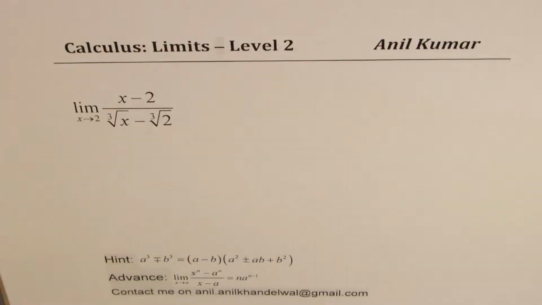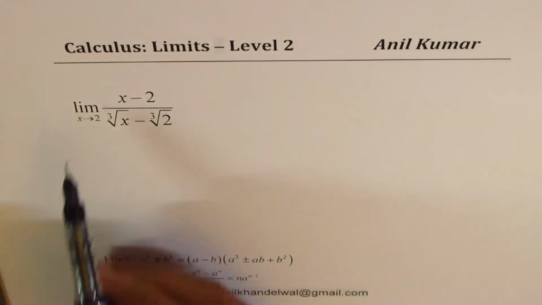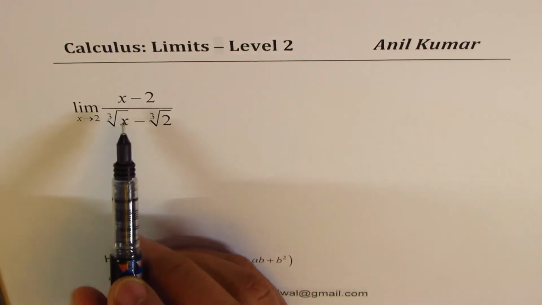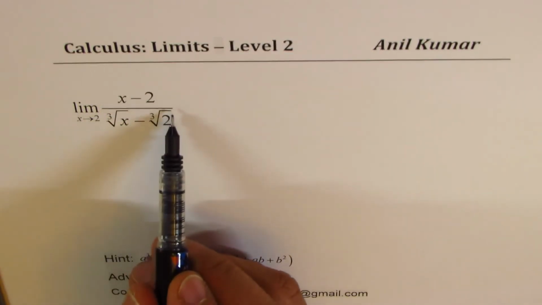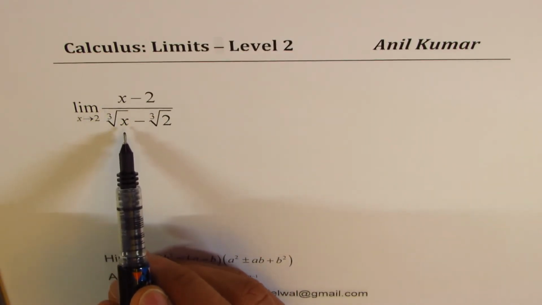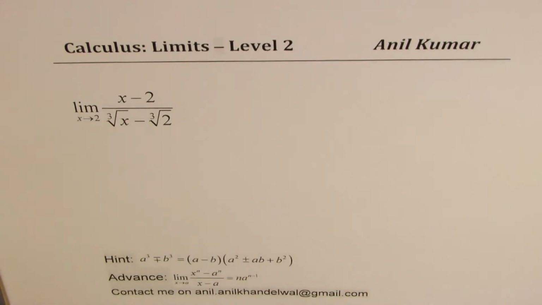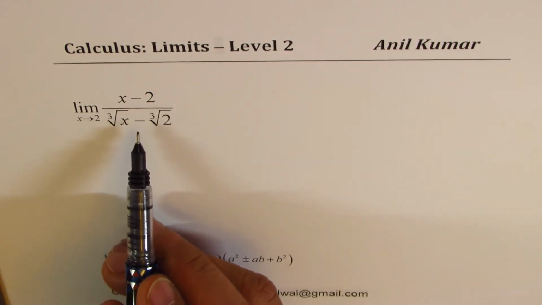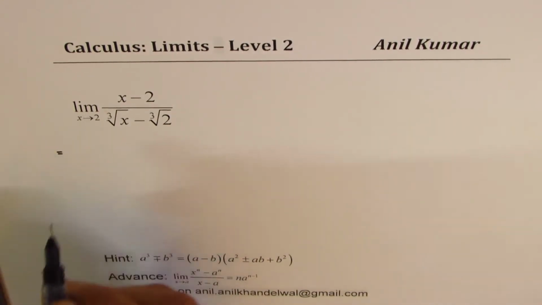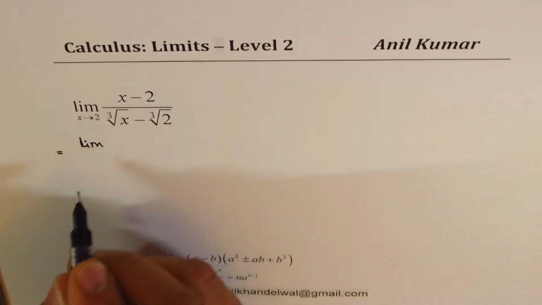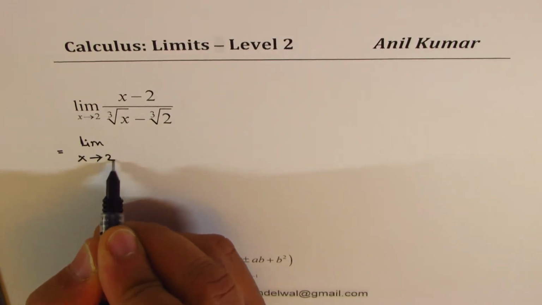Let's take the next video, where we'll now find the limit as x approaches 2 of x minus 2 divided by cube root of x minus cube root of 2, correct? We'll apply a similar factoring technique as we did last time. So this could be written as the limit as x approaches 2.